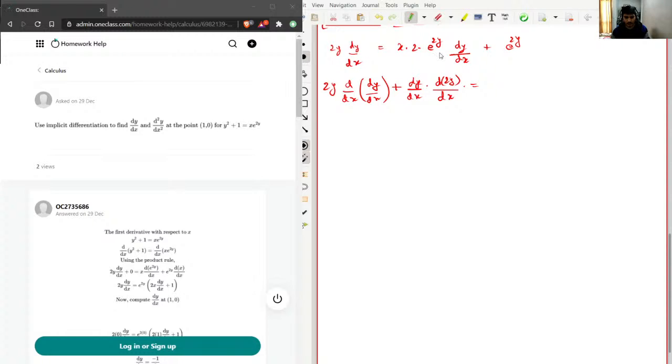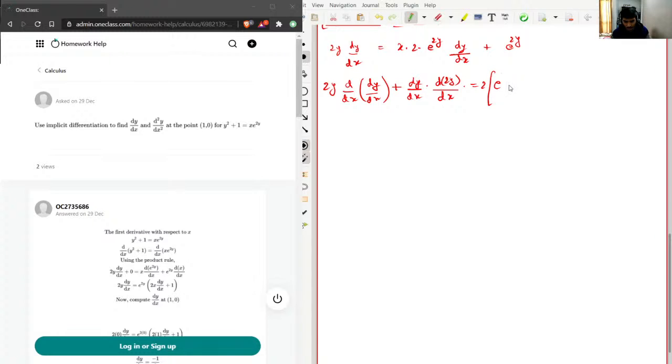Here also we are going to use the chain rule, but here we have three functions. Let's say the first one is x, then we have e power 2y, and then the third one is dy by dx. I'll differentiate the first one first.